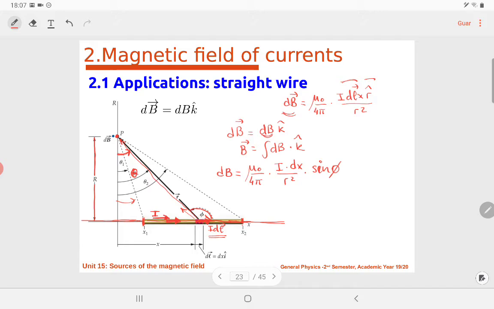Okay, so first of all, the relation between this angle here and theta is just that the sin of this angle is equal to the cosine of theta. Okay, then we also want to put r as a function of theta, and also differential of x as a function of theta.